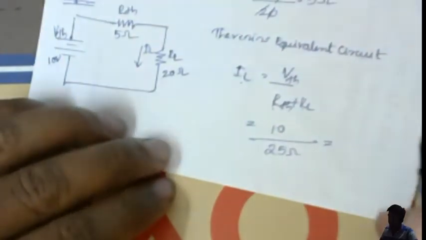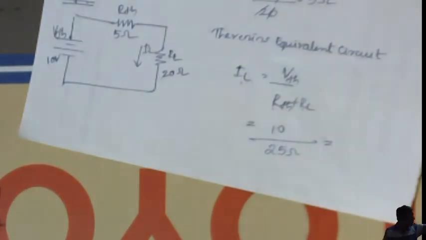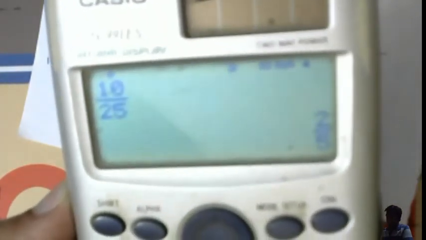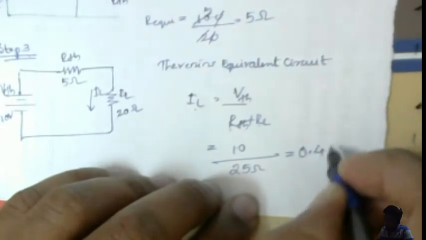This is equal to 10 divided by 25, which is 0.4 into 10 to the power of 0.